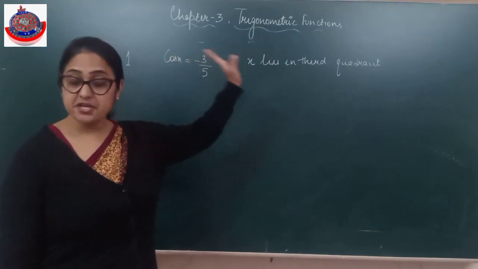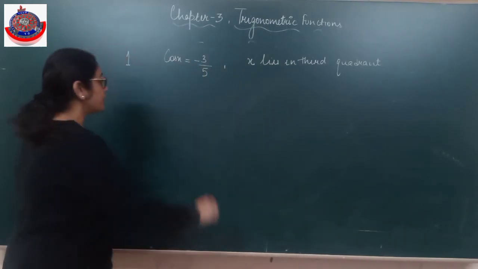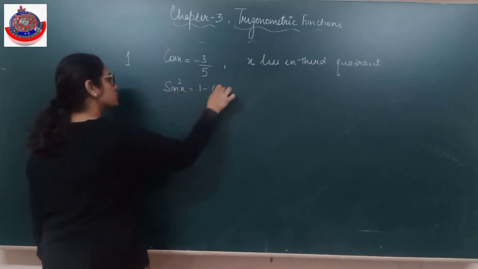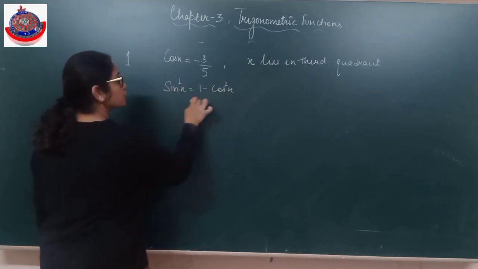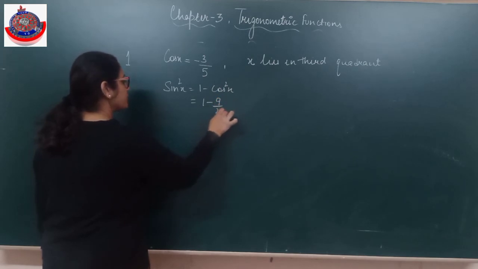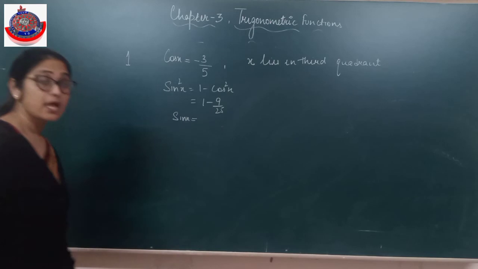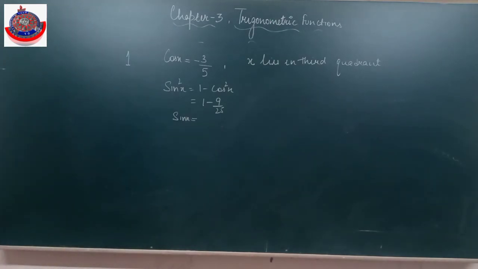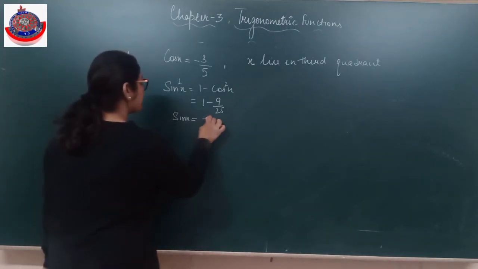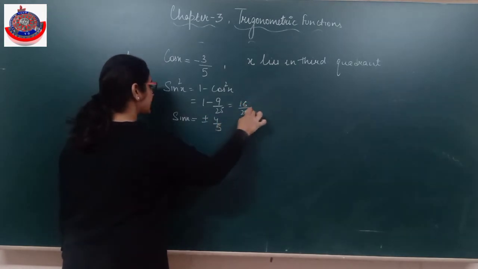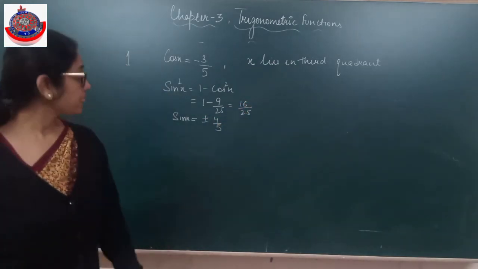First of all, from the identity we have, find the value of sine. I know that sine square x is equals to 1 minus cos square x. So 1 minus 9 by 25, so sine square x is 16 by 25. So sine x is equals to plus minus 4 by 5. I hope you know this: whenever the square goes to that side, it becomes plus minus.